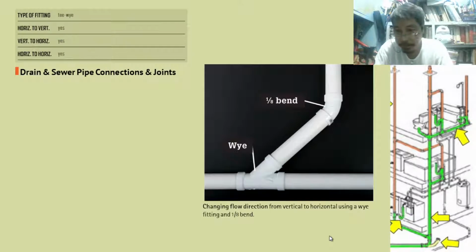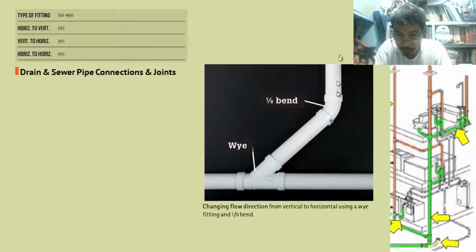The next subtopic is about drain and sewer pipe connections and joints. As you can see in the picture on your screen, you have the changing flow direction from vertical to horizontal.